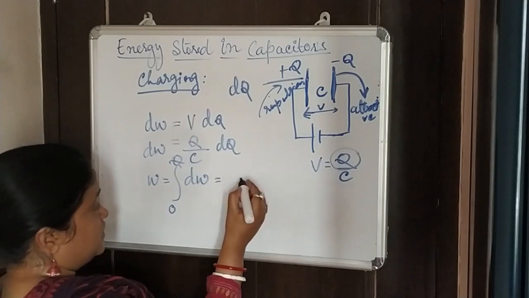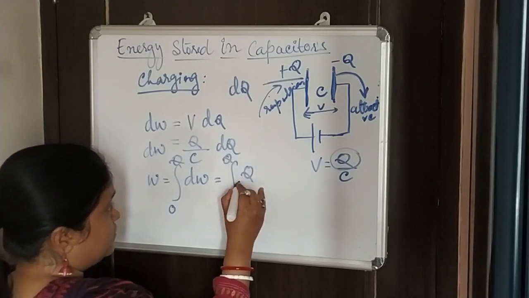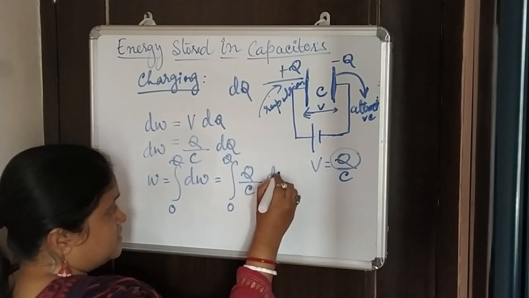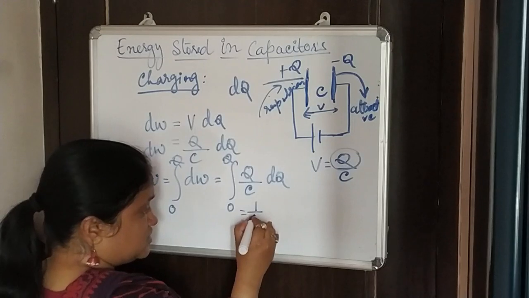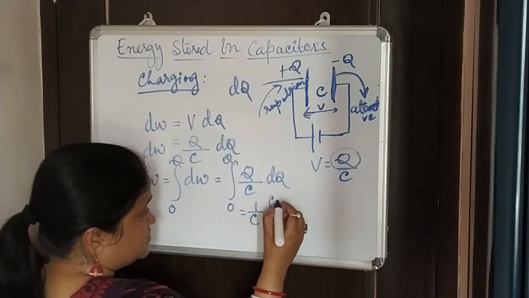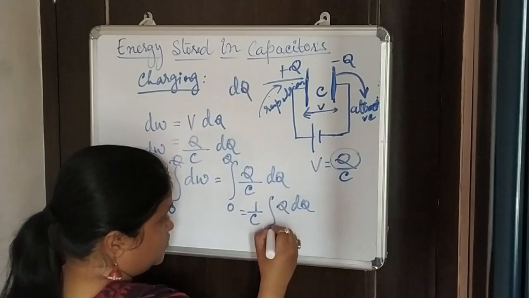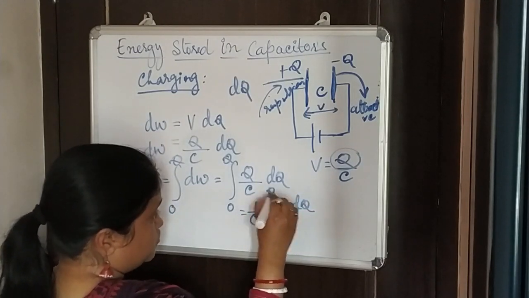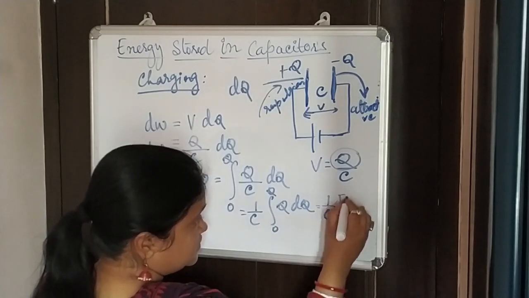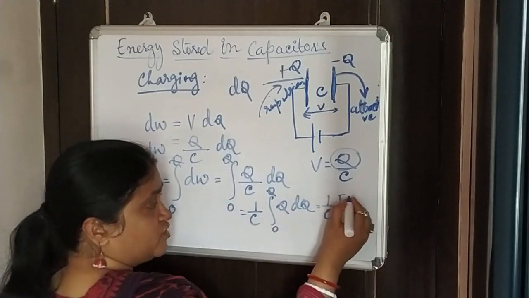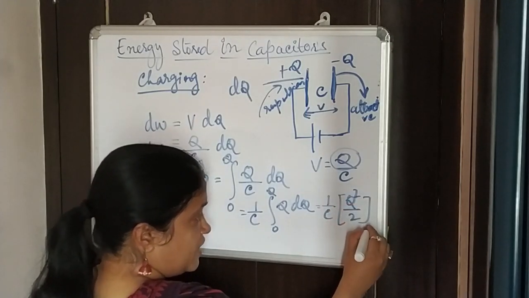So if we do the integration, first we substitute for dW, which is Q by C dQ. As C is constant, it comes out, and it becomes 1 by C times the integral of Q dQ from 0 to Q. Integration of Q dQ is Q square by 2.